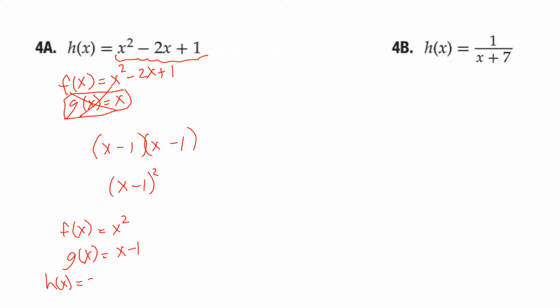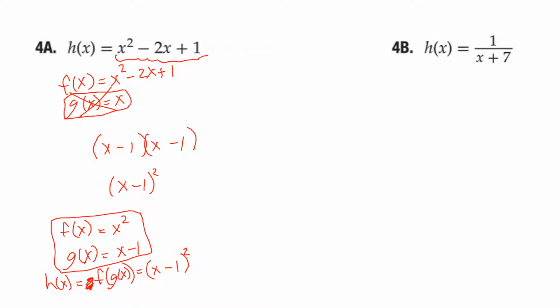Then my h of x, which is f of g of x, would be f, which is x squared, so this squared, and the inside would be x minus 1. There's my f and g.